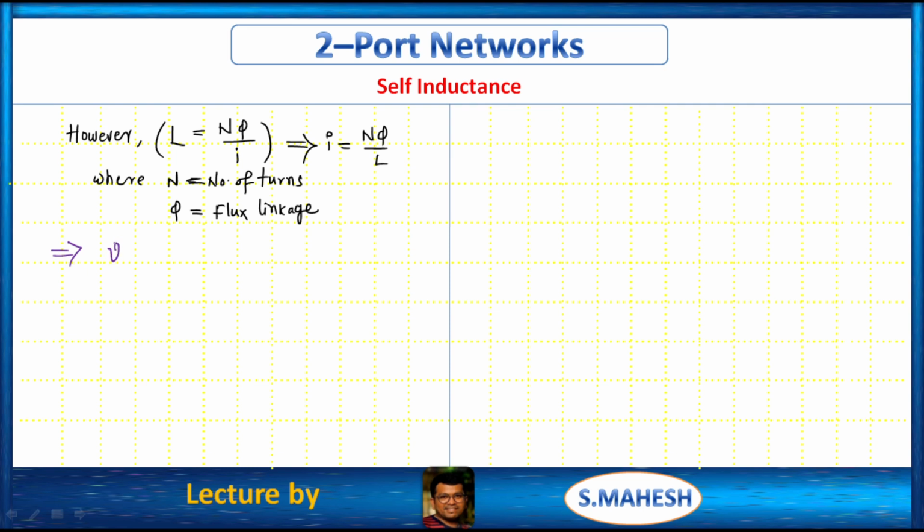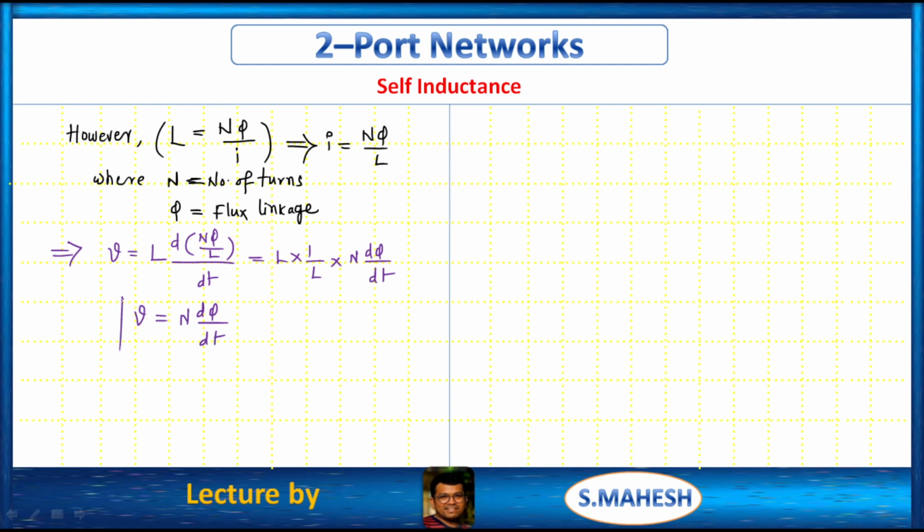Therefore, V, which is equal to L into, in place of I, we write N phi by L, by dt, right? Which is equal to L into 1 by L into N into d phi by dt, which is equal to V is equal to N into d phi by dt.